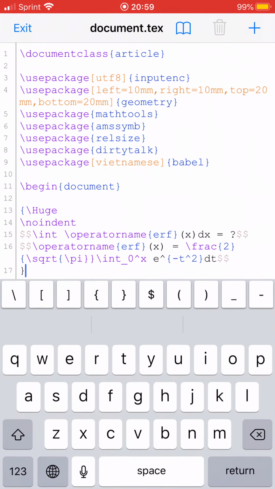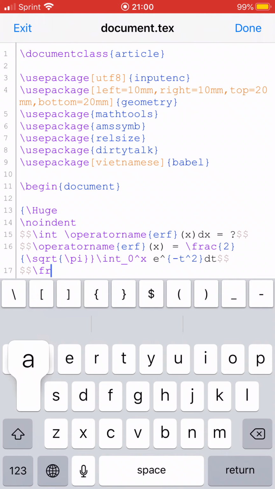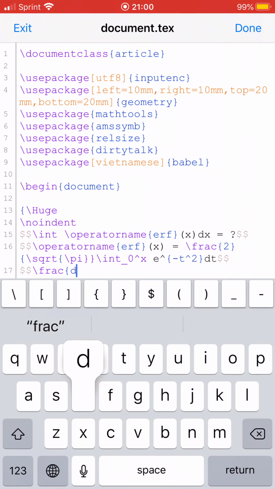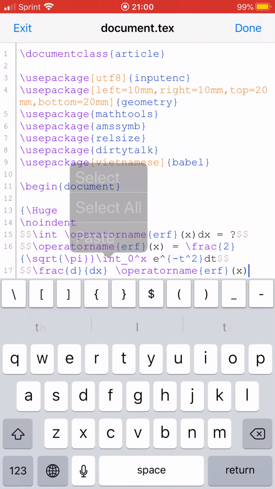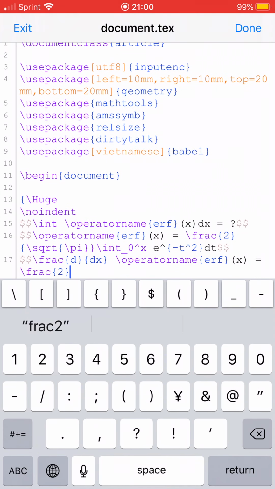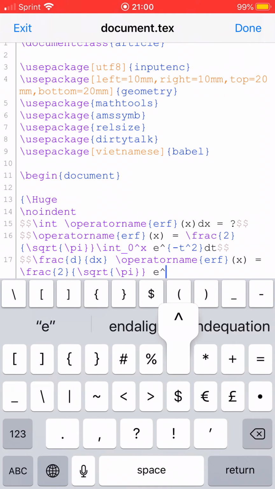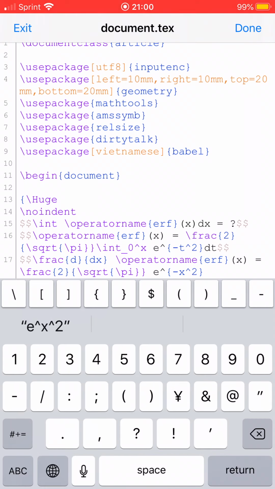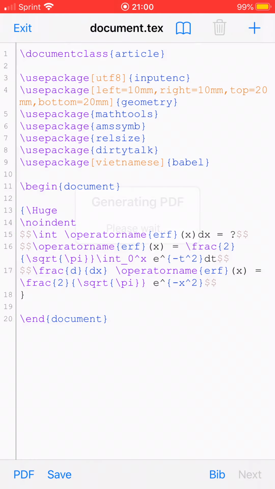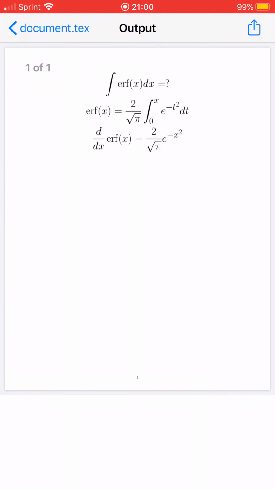So the derivative of the error function is equal to 2 over square root of pi times e to the negative x squared. Alright, so here's the derivative of the error function with respect to x, of course.